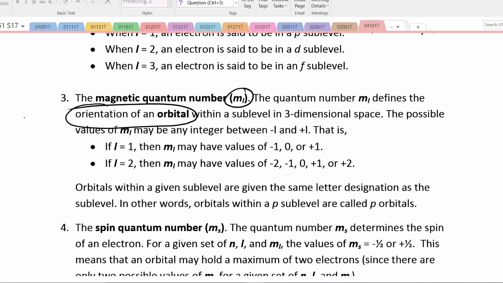What's most important here is not so much the specific values, but actually the number of different values.